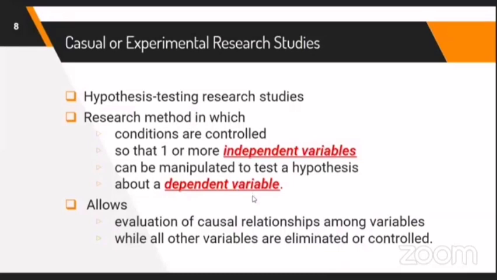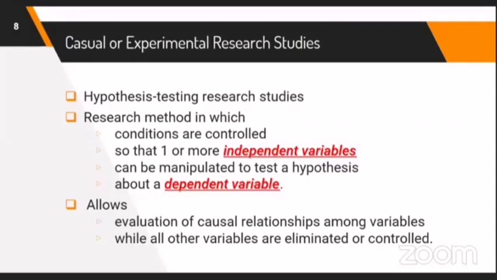Sometimes we can change this through time in order to come up with a higher reliability or a higher result, or impact, on our dependent variable. Okay, it's not always fixed, so it depends on the situations.